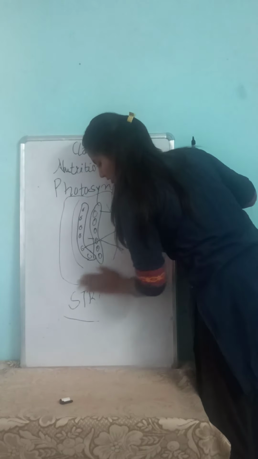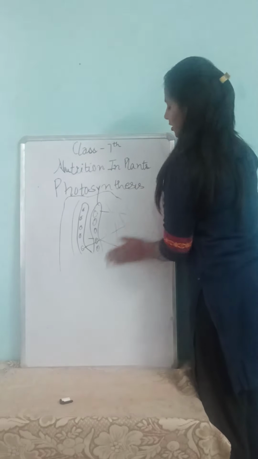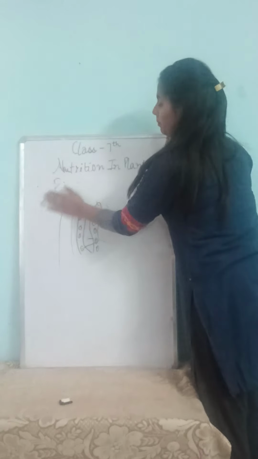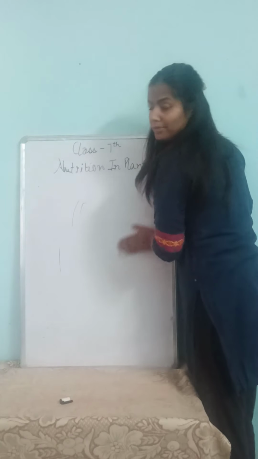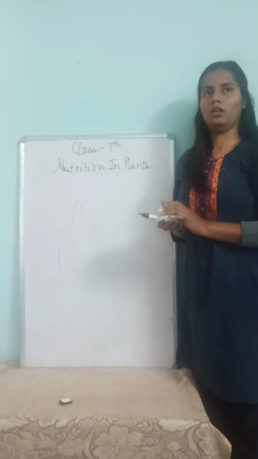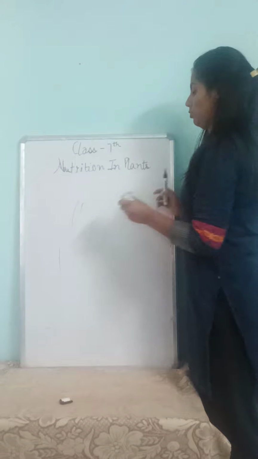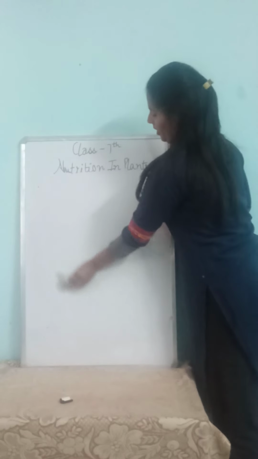Now next, these leaves have some green pigment that is known as chlorophyll. You have seen that some leaves have different structure or are different in color. So what is the reason behind that?